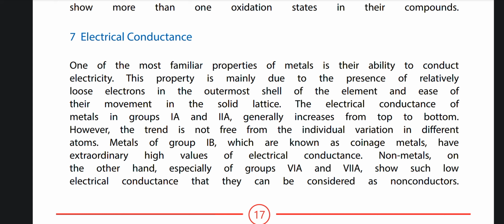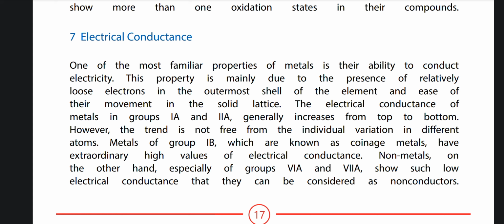However, the trend is not free from individual variation in different atoms. Metals of group 1B, which are known as coinage metals, have extraordinarily high values of electrical conductance.